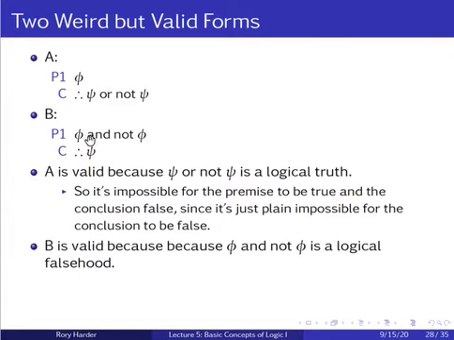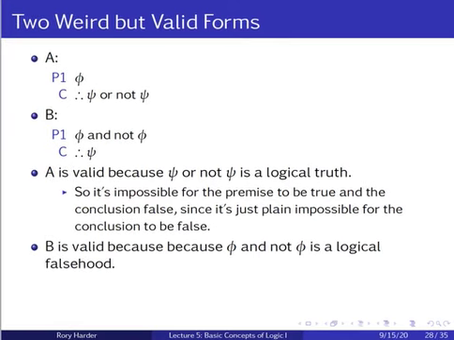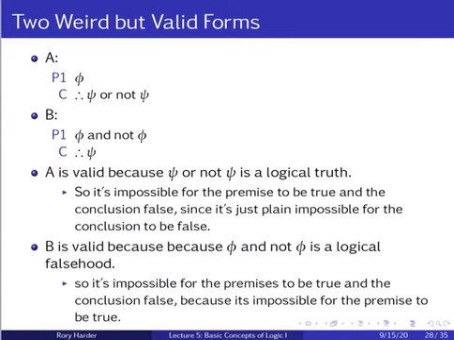So a sentence can't both be true and false at the same time. So, because it's impossible for the premises to be true, it's therefore impossible for the premises to be true and the conclusion false. And that is why this argument is a valid argument.